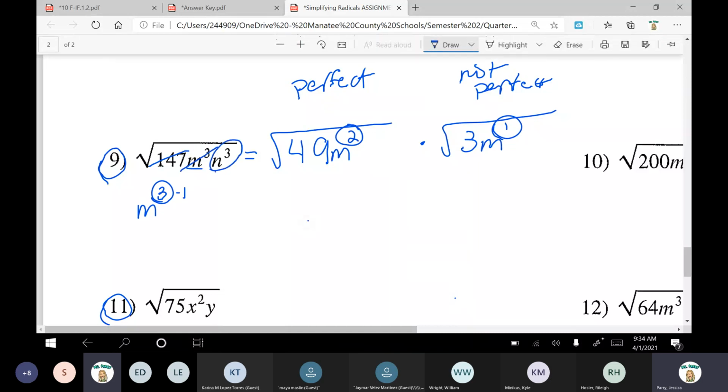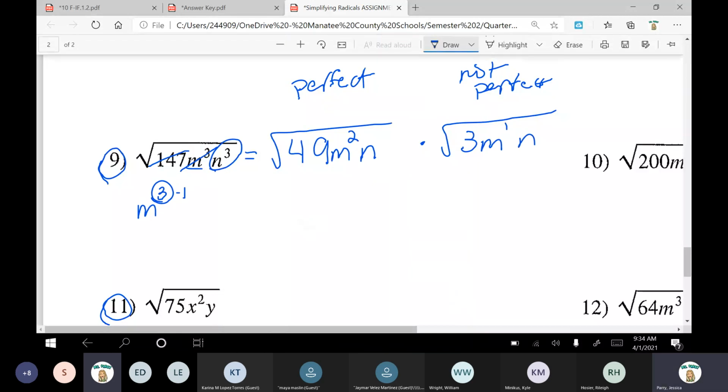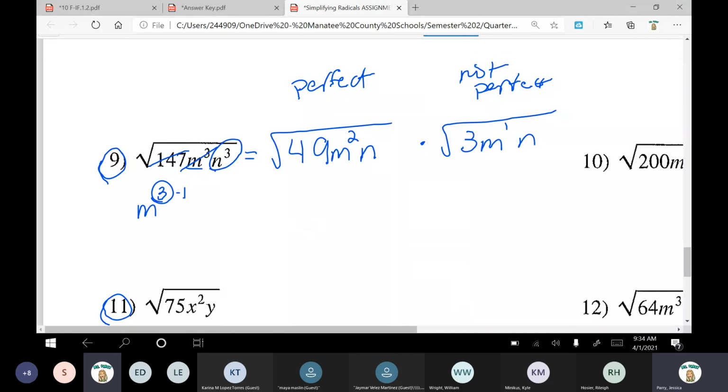Now let's look at our variable n. N as in Nancy. Okay, n to the power of 3. We already know the exponent of 3 is not divisible by 2. So that means I'm going to have some in the perfect and some in the not perfect. What exponent can I put in the perfect square for n?